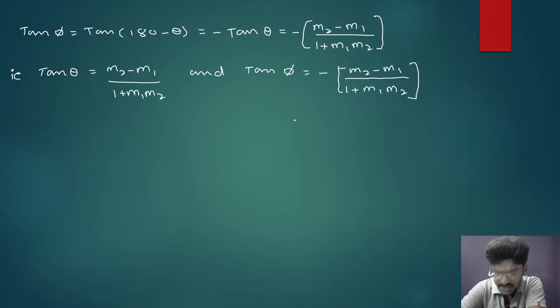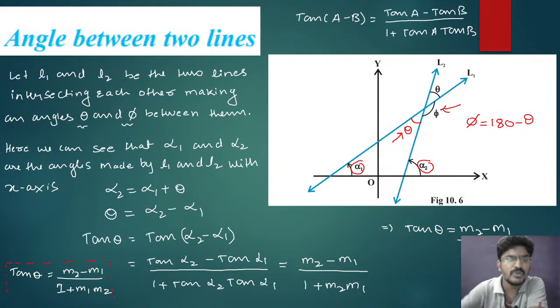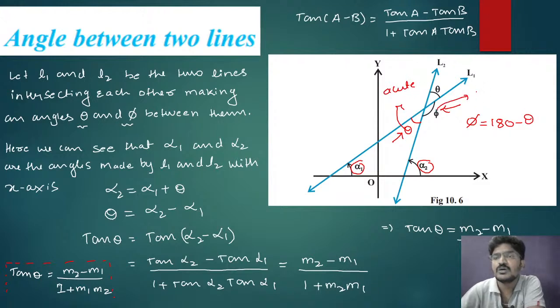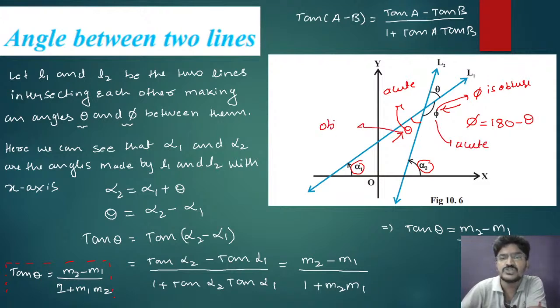So my dear students, here you have to remember one very important thing: if theta is acute, pi is obtuse. Suppose pi is acute, theta will be obtuse. You will get two cases.